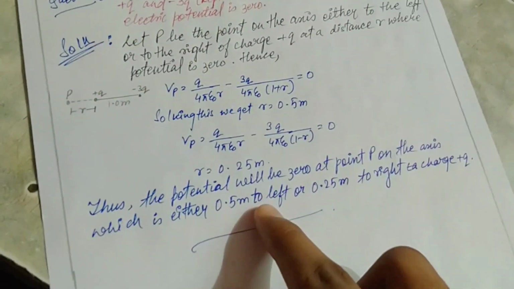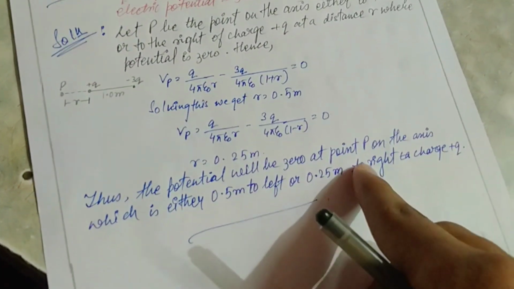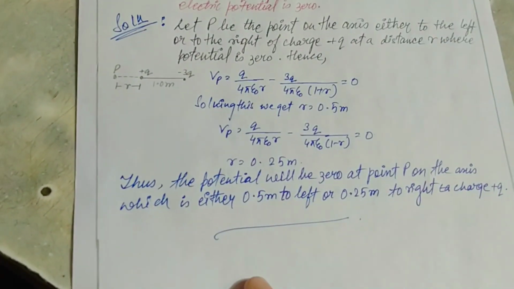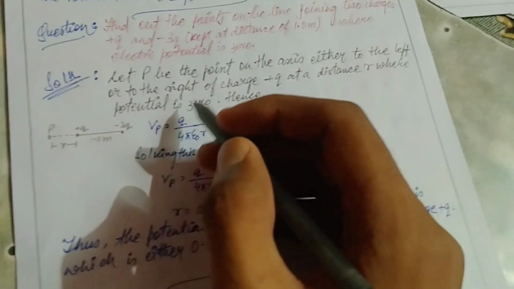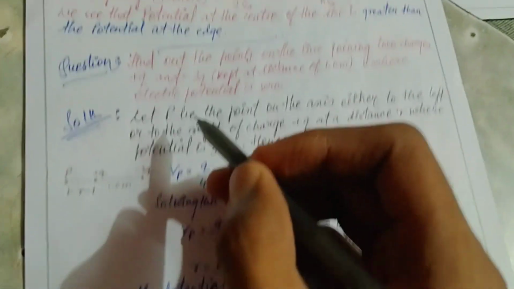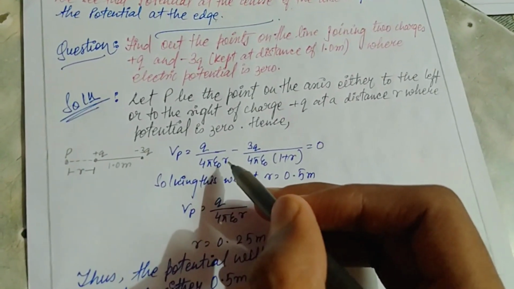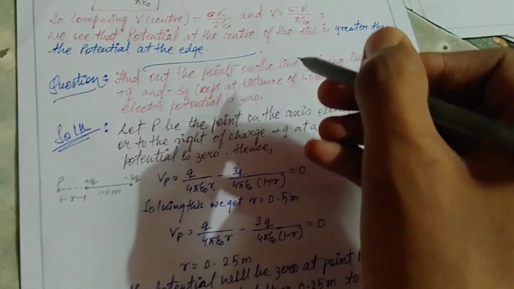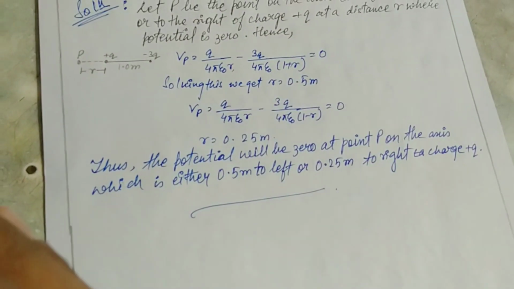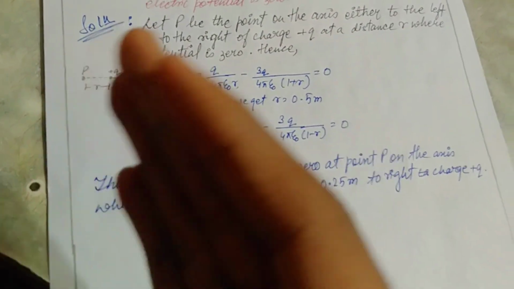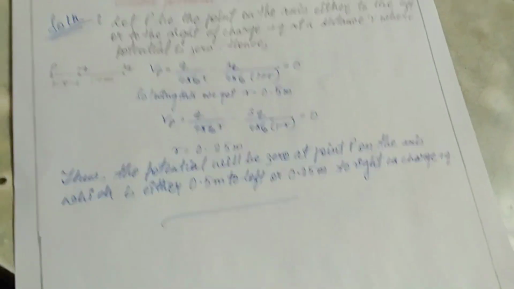Thus the potential will be 0 at point P on the axis, which is either 0.5 to the left or 0.25 to the right. Just putting in the formula and the values, we get R, and from the left it is 0.5 meter, from the right 0.25 meter.